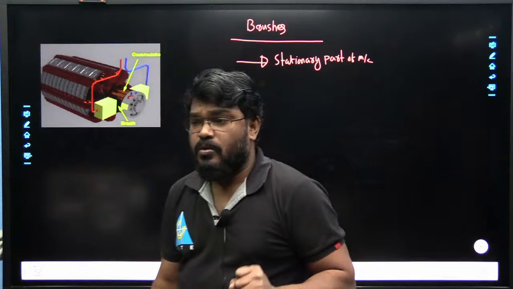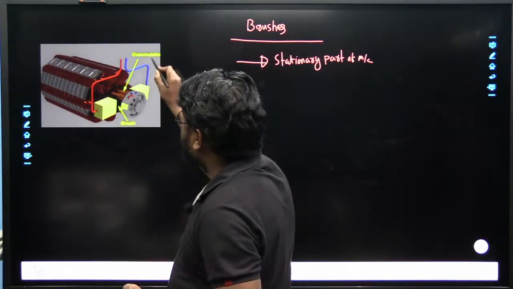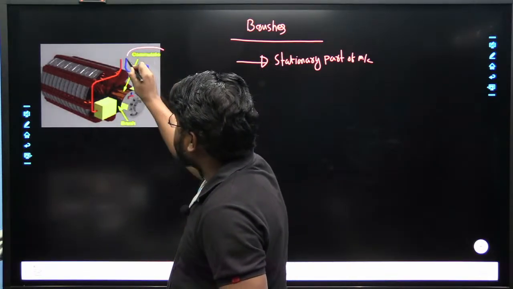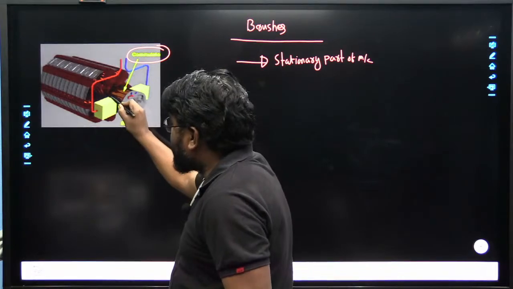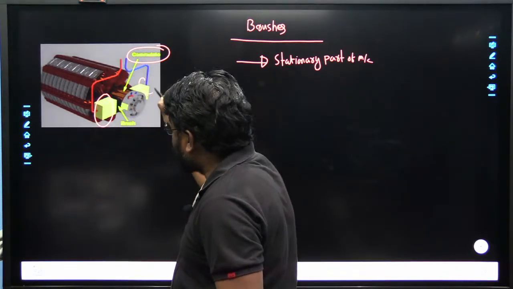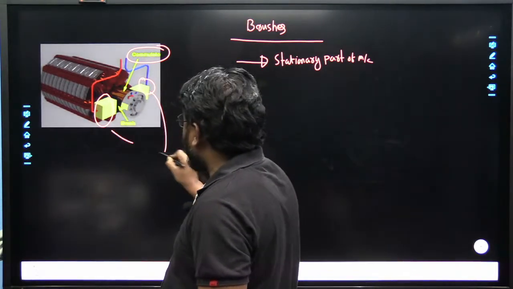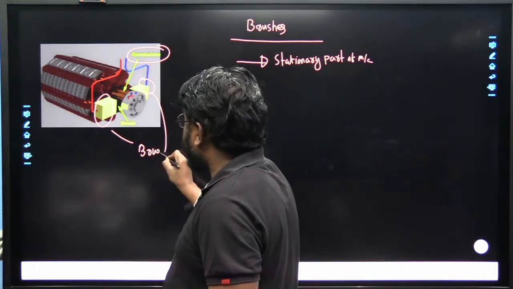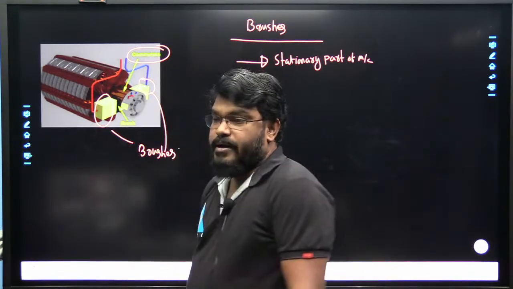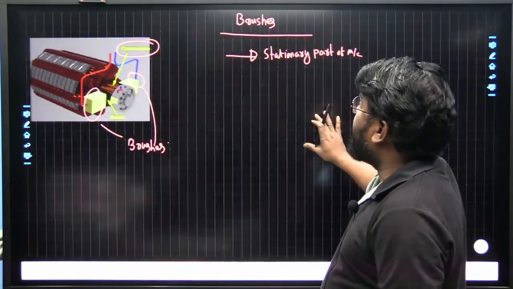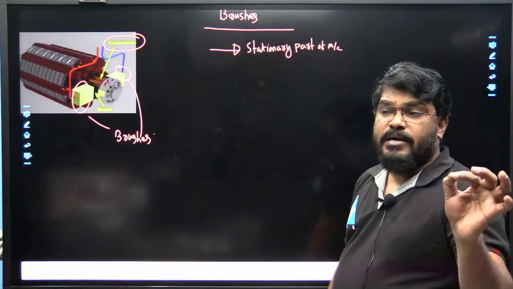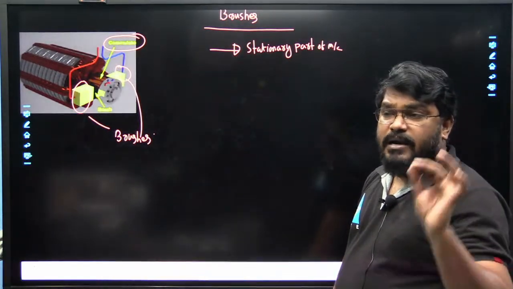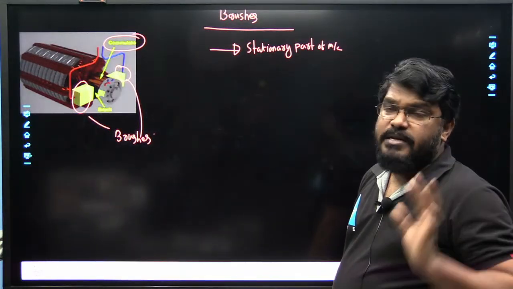So we have shown the commutator, and these two boxes are the brushes of the machine. Now we have a question: what is the name of the material to construct the brushes, and what are the functions of the brushes in the DC machine?